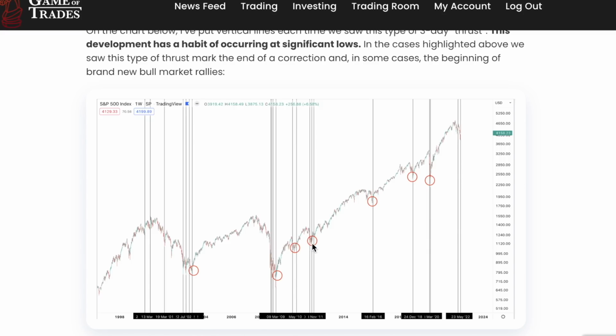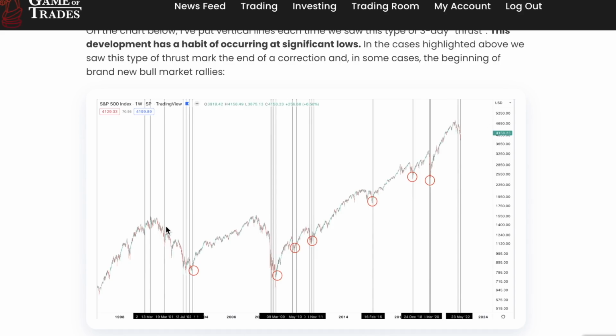And I put vertical lines every time you see these readings, and you can see we had one in COVID, we had one at the bottom in 2018, in 2016, 3 readings here at the bottom of the correction in 2011. So it's definitely not a perfect indicator, far from it, but it does show us that the strength that we're seeing does often correspond to bottoms.